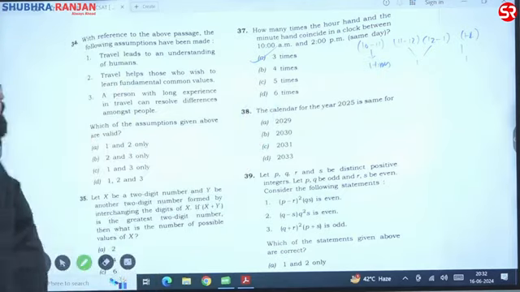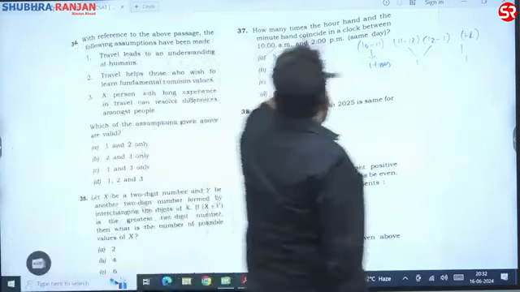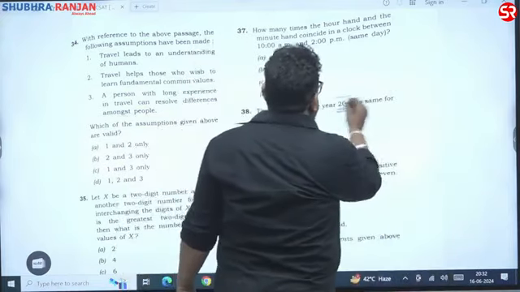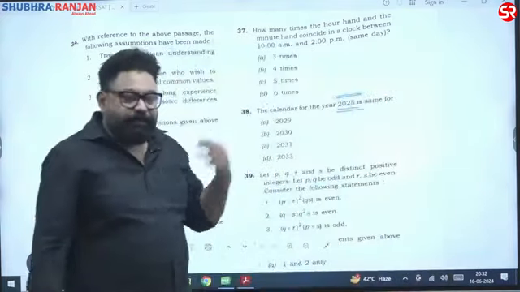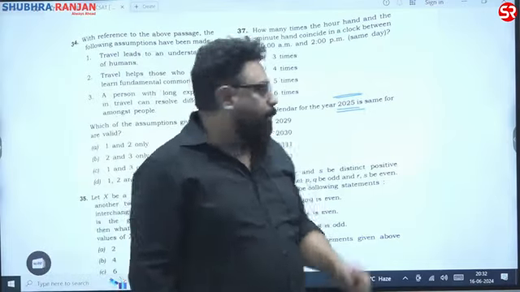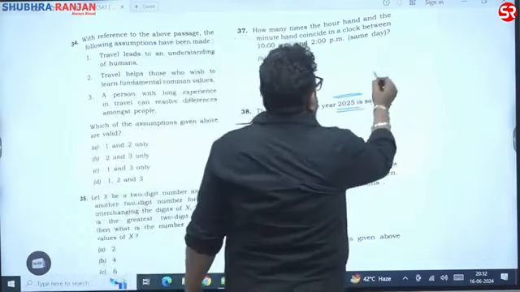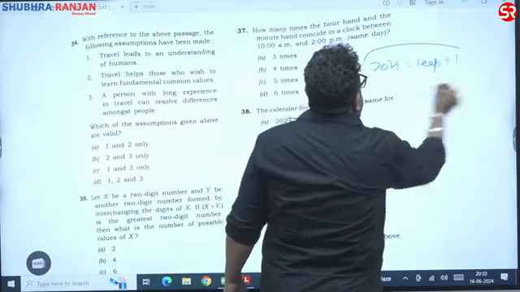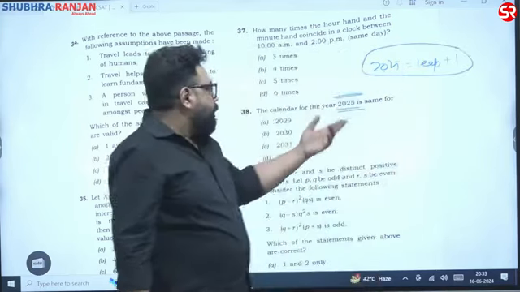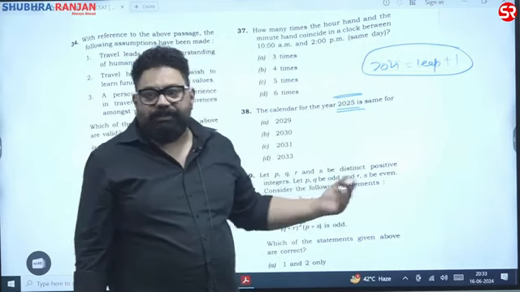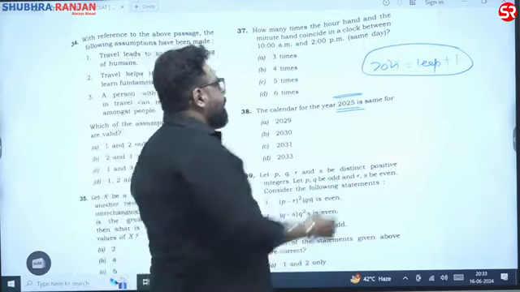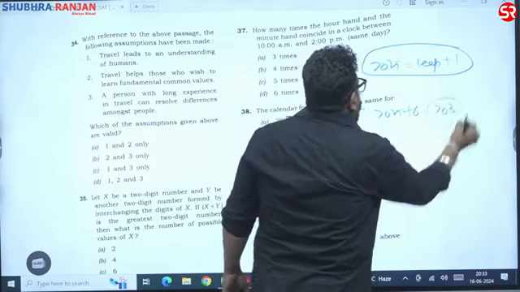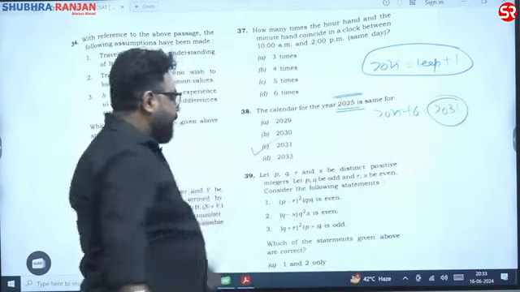You know this. Calendar, you have written it, right? What is this? 2025. 2025 is a non-leap year, isn't it? But 2025 is a leap year plus 1. If you go to calendars, we have done calendars, which means a year previous to 2025 was a leap year. So in that case, you would add 6, 2025 plus 6, 2031 would have the same calendar as 2025.